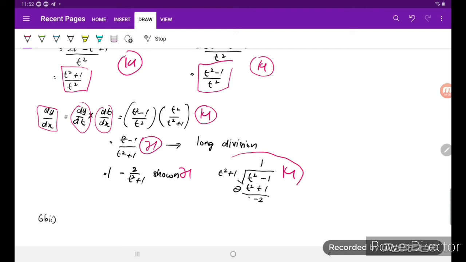So you do long division, you get K1, and then you get 1 minus 2 divided by t squared plus 1 shown, you get G1.